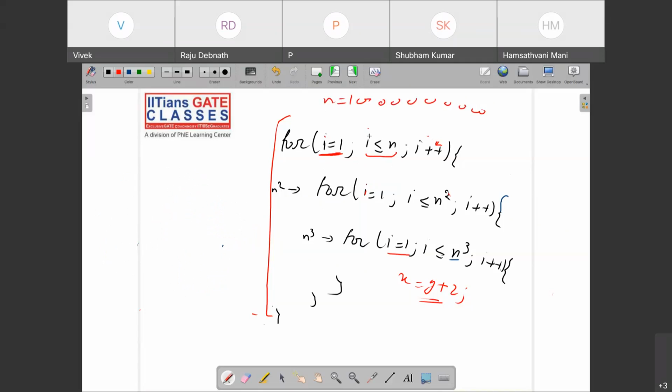Let's enter inside the loop. Then we again set the value of i to 1, which is less than n square. Let's enter inside the loop. Then i is again equal to 1. Again we set the value to 1, which is less than n cube. Execute this line, then do i plus plus and check again. Once this loop ends, what is the value of i? It's n cube plus 1.